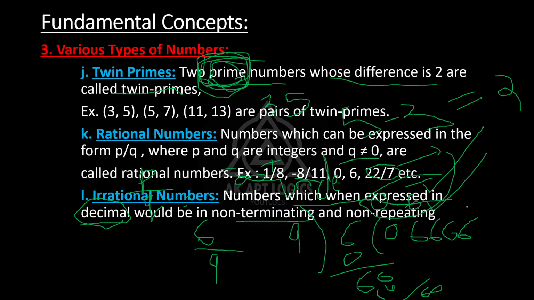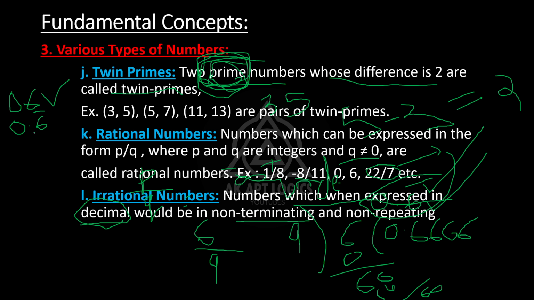In the sense, if you take 0.6, see, 0.6 is terminating, which means it's ending after 6, there is no other value. It gets terminated. It means ended. That value has ended at 6 only. After 6 we don't have any continuation.